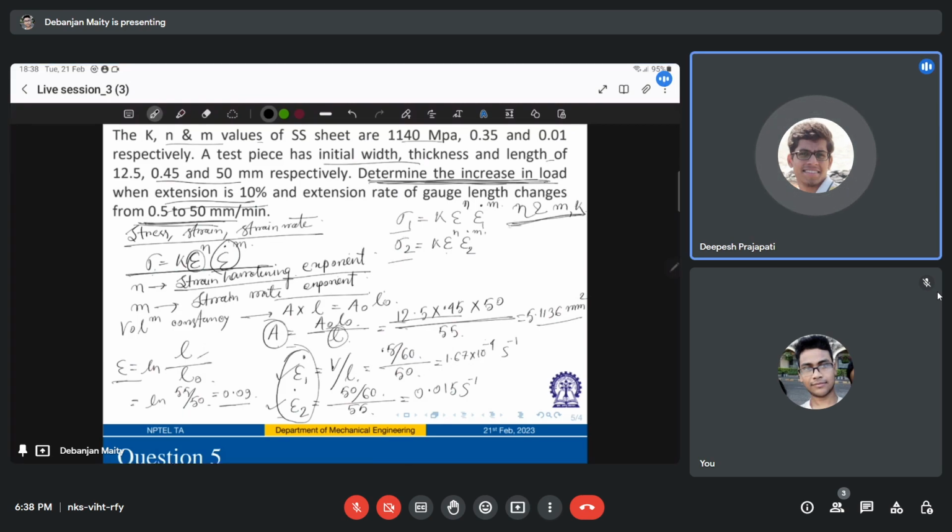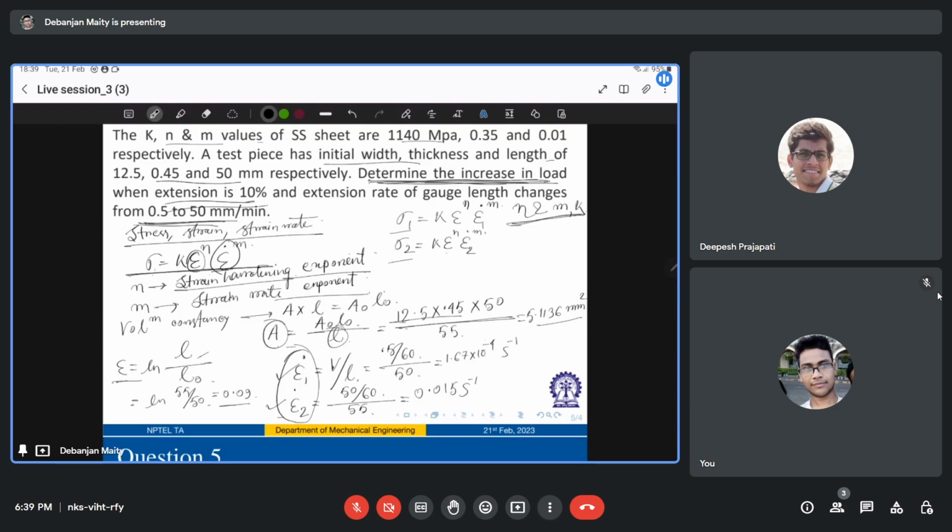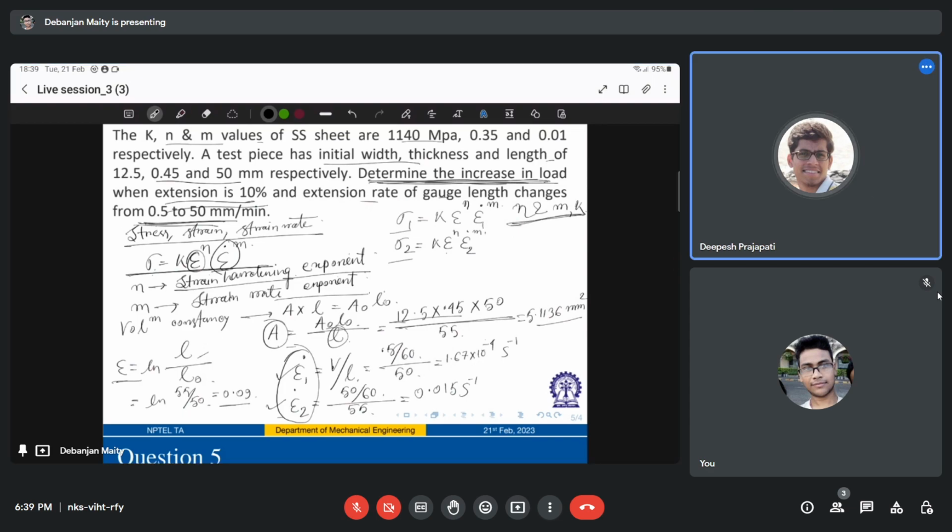The strain value will be the same in both cases. Yes, we are taking strain value as same. So there is change in only this strain rate value. So the extension rate is changing from 0.5 to 50 mm per minute. But initially there will be no strain when it starts to pull, when you apply the load initially.